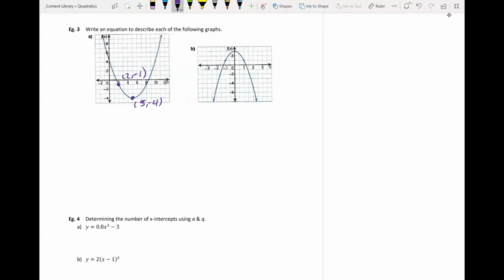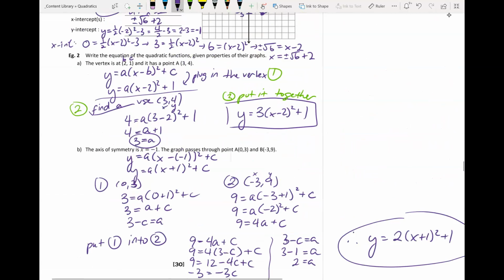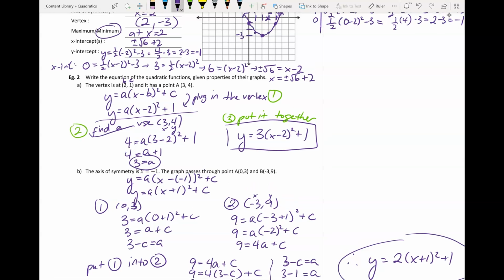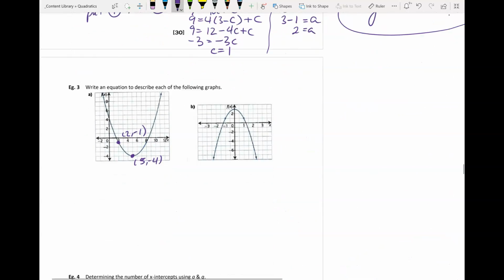And then we're going to solve exactly like how we did in example 2a. If you look at example 2a again, we were given a vertex and we were given a point. The only thing different is that I'm going to read the vertex off the graph and find another point on the graph and do the same sort of thing.